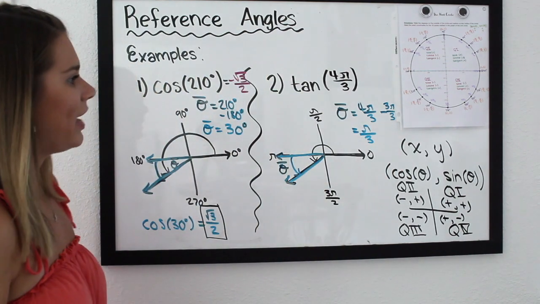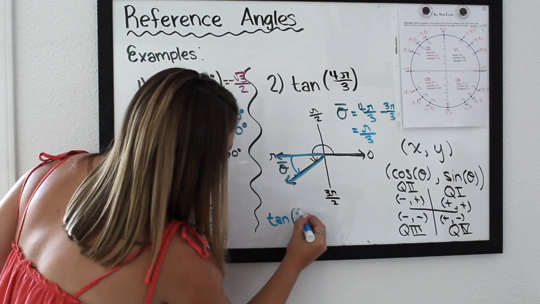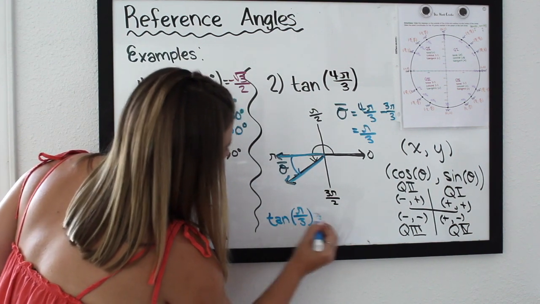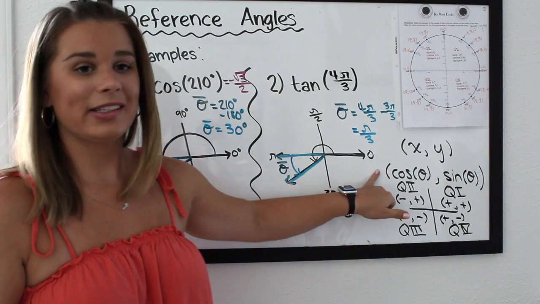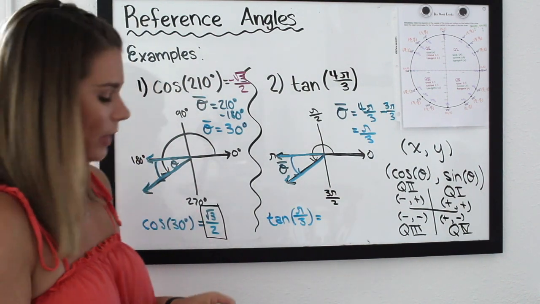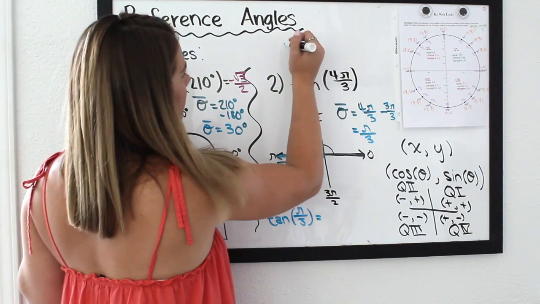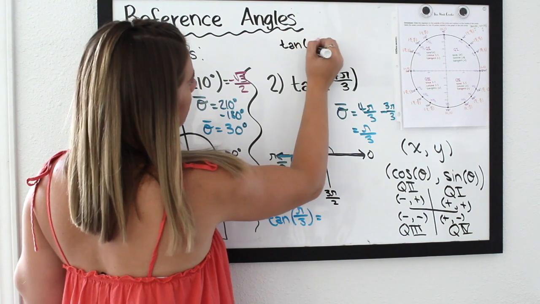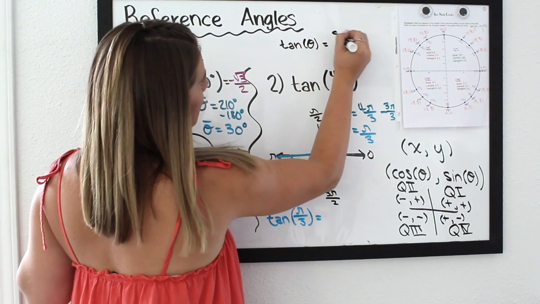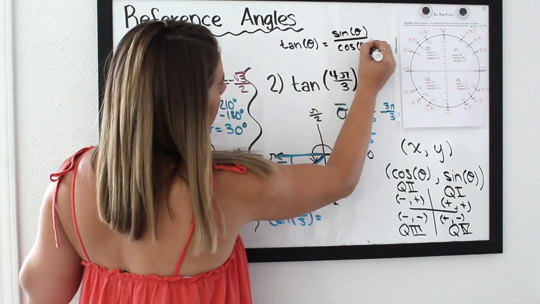So that means I'm going to find tangent of pi over 3. Now, tangent is not a coordinate on the unit circle, but we can use the fact that tangent of theta equals sine of theta over cosine of theta.